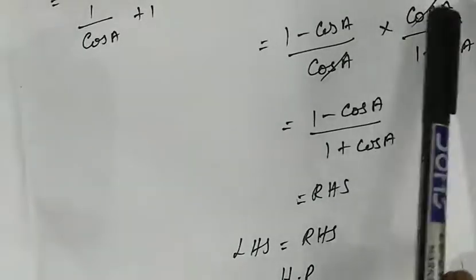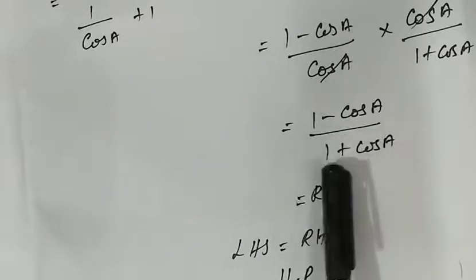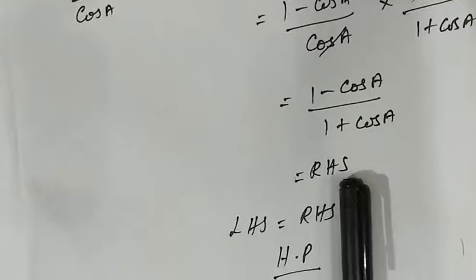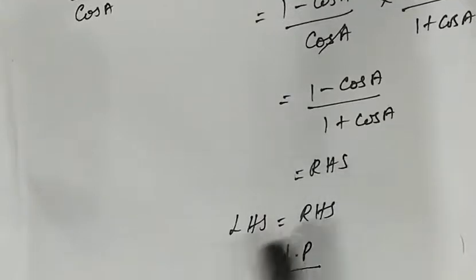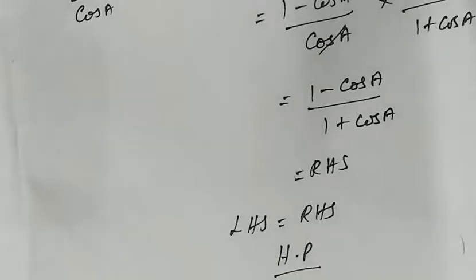Now, cos A and cos A get cancelled. You will get 1 minus cos A upon 1 plus cos A. That is RHS, right hand side. Then write left hand side equal to right hand side. Hence, proved.